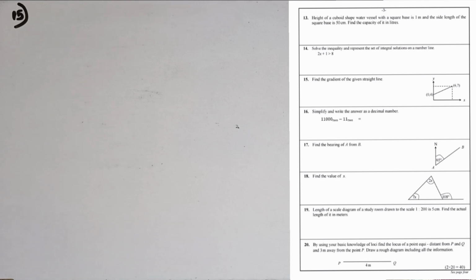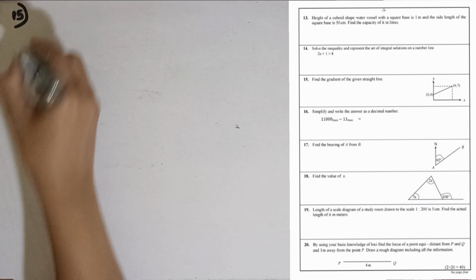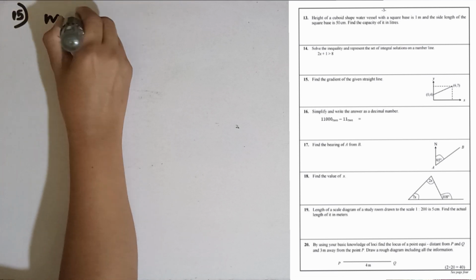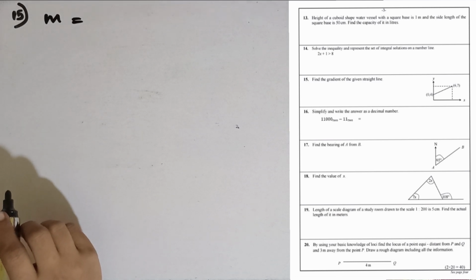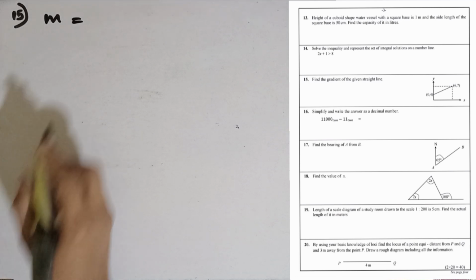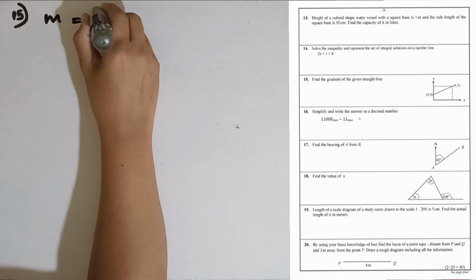Question number 15. Find the gradient of the given straight line. We know that in a straight line, gradient is equal to the ratio between the difference of y coordinate values and the difference of x coordinate values. So, gradient, we are expressing it as m equal to, I will take the y coordinate 7 of the point 6, 7.